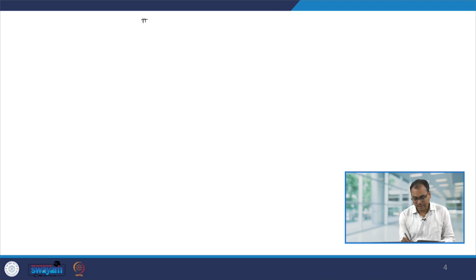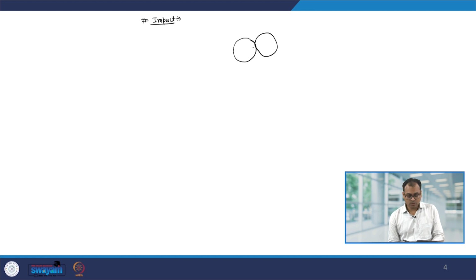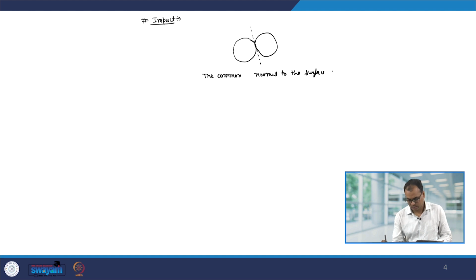Then we studied the impact. Let us say I have two rigid bodies, then the tangent to the contacting surface is this, and the common normal to the surface in contact during impact is the line of impact.